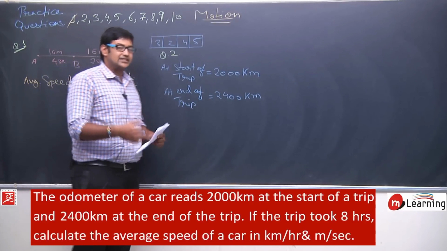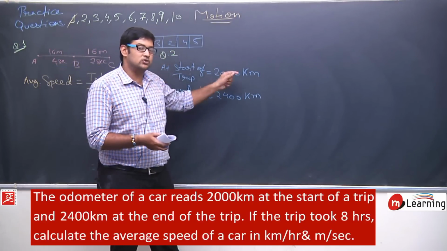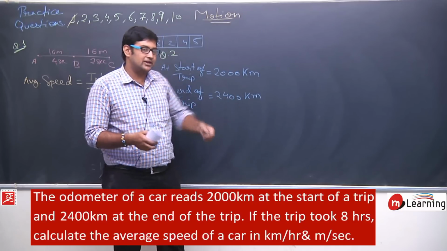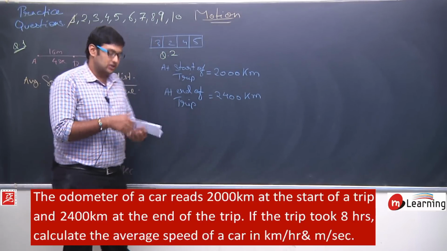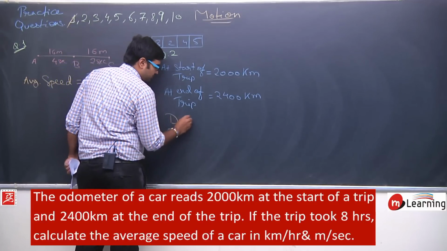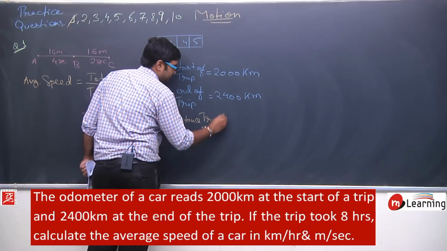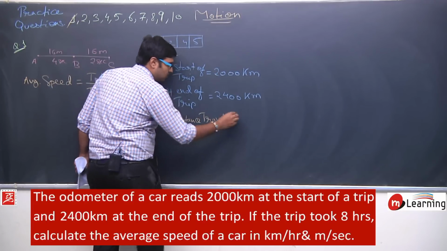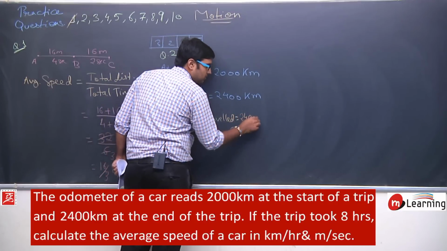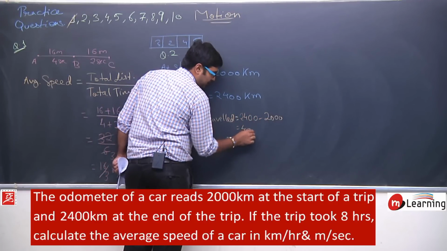So how much distance did I travel in this trip? Initially the odometer was at 2000, after the trip the odometer is reading 2400. So the distance traveled in this trip is 2400 minus 2000, that is 400 kilometers.